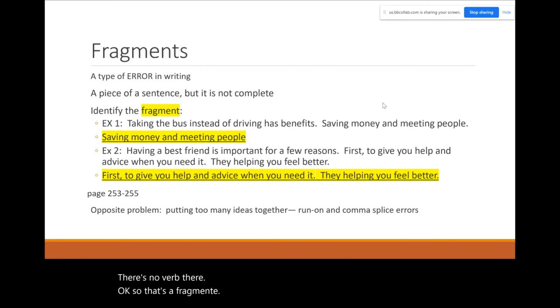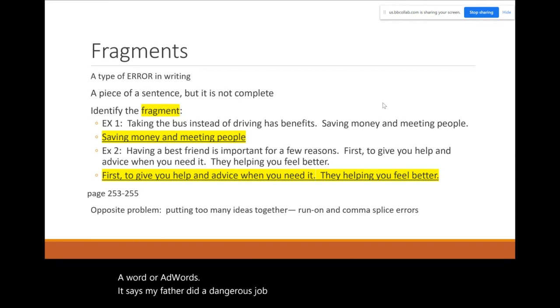All right. Is everybody with me? Yeah. Yes. Okay, good. So let's look at how to correct a fragment. You see where it says add a word or add words. It says, my father did a dangerous job.